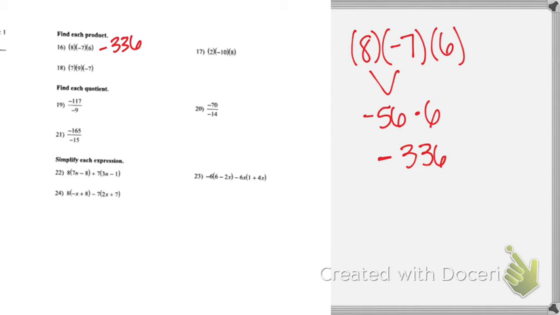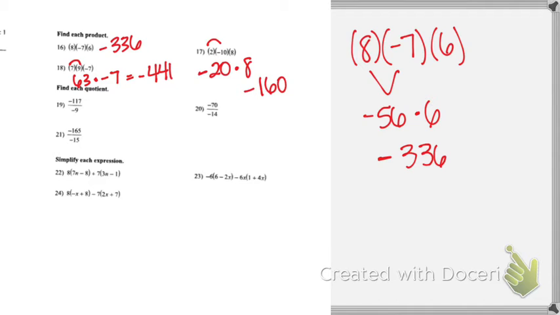Number 17, we have 2 times negative 10, which is a negative 20, times that 8, which is a negative 160. Number 18, 7 times 9 is 63, and 63 times negative 7 is negative 441.